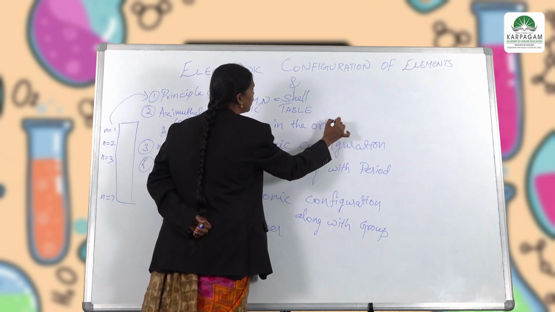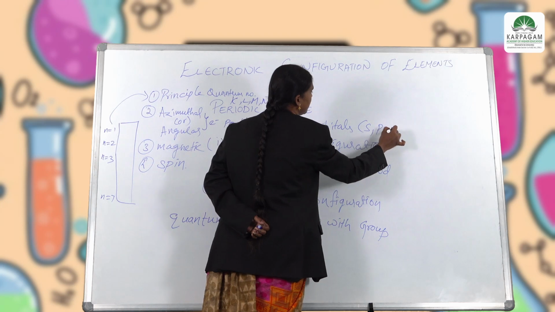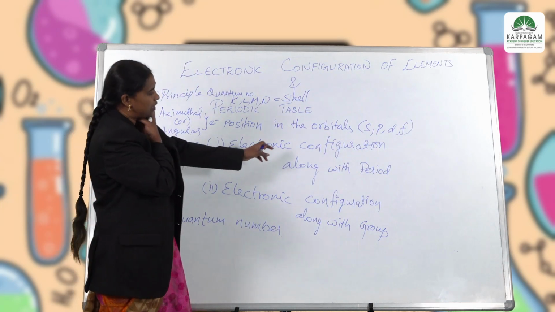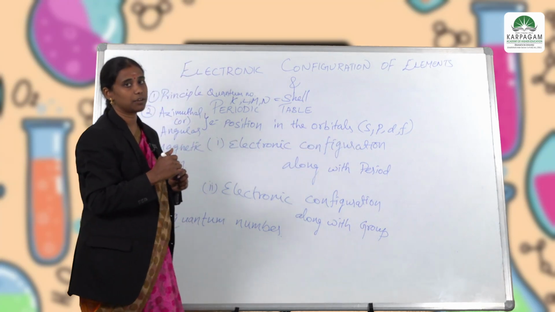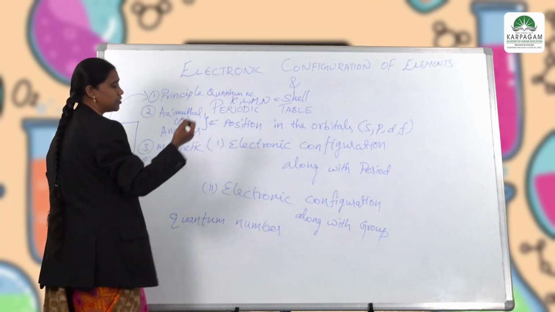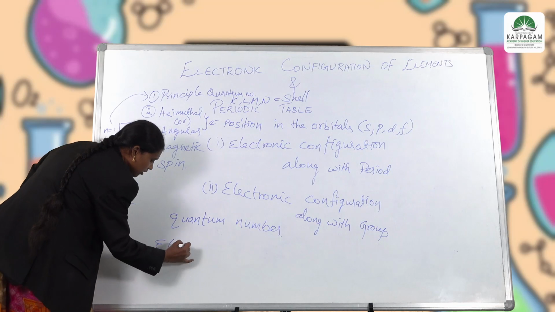These orbitals are known as s, p, d, f. This spdf is referred to as orbitals, or otherwise as subshells. The electrons filled in these subshells or orbitals are known as electronic configuration.